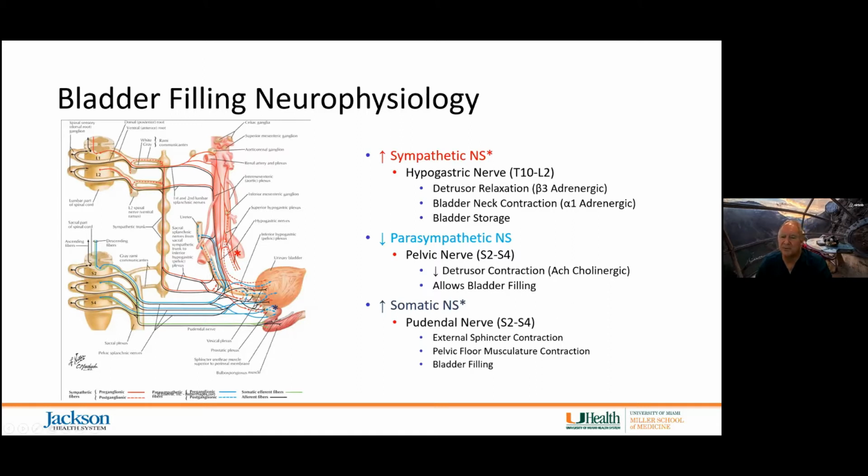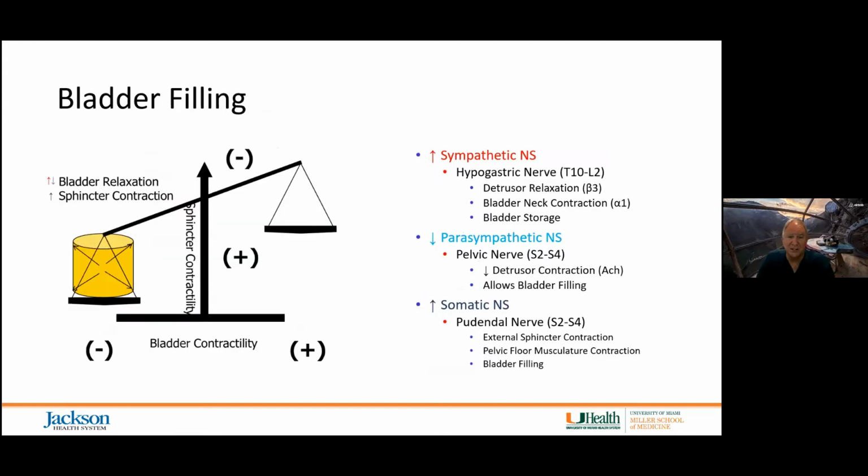And then the pudendal nerve allows control of the external sphincter and pelvic floor musculature. As you contract those, you're going to have bladder filling. Just to put a little more spin on it, bladder filling is that situation in which you have significant sphincter contractility and bladder relaxation.